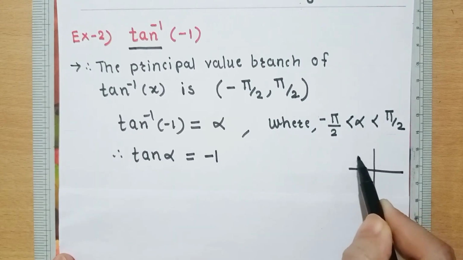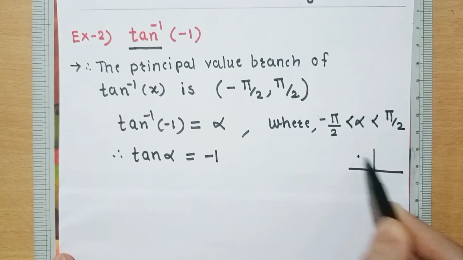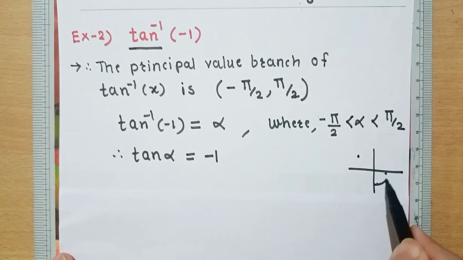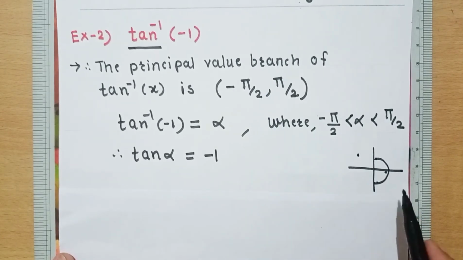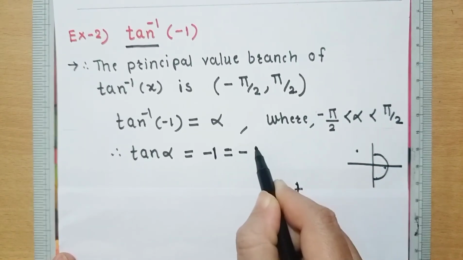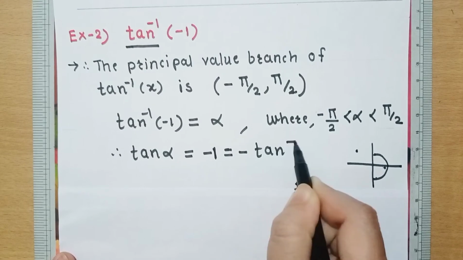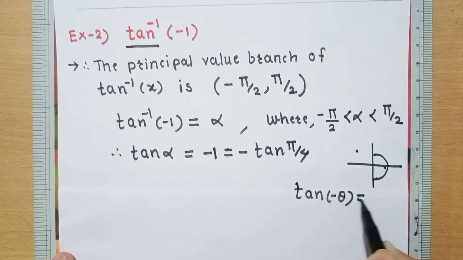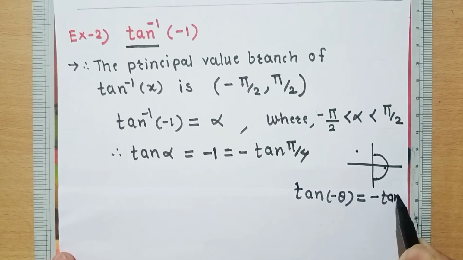We cannot take the angle in the second quadrant because we have the interval minus pi by 2 to plus pi by 2. And now here is the minus sign, and the value one is for tan pi by 4, and we will use tan of minus theta is equal to minus tan theta.